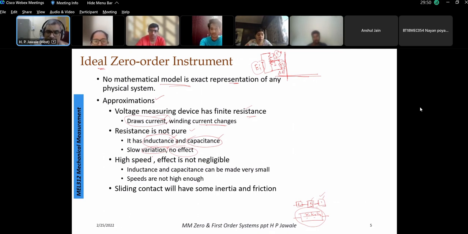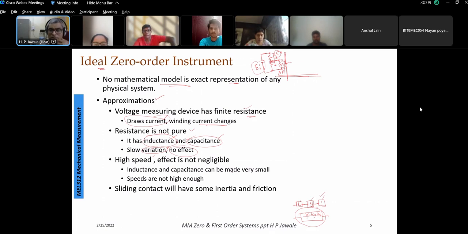Then in case of the high speed even, the effects are not negligible. We find if we go on varying rapidly the distance xi, then in that condition it may not reflect properly the output EMF proportional to the input.